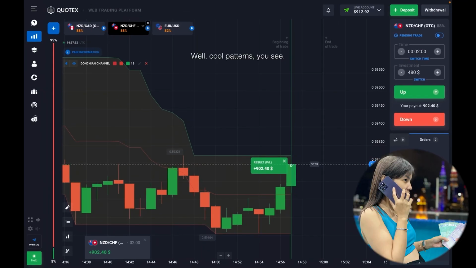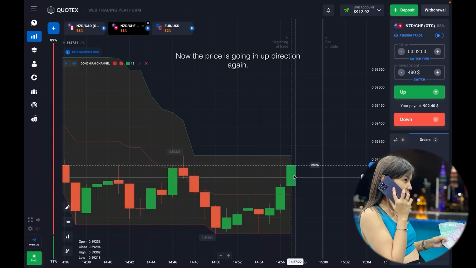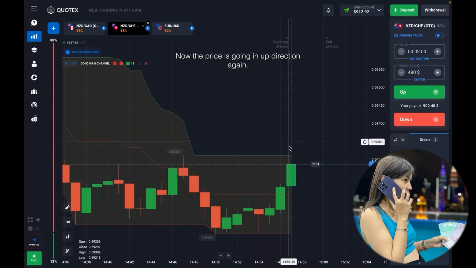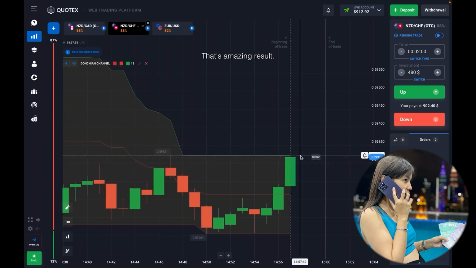So guys, cool patterns. You see now the price is going in up direction again, and that's an awesome result.